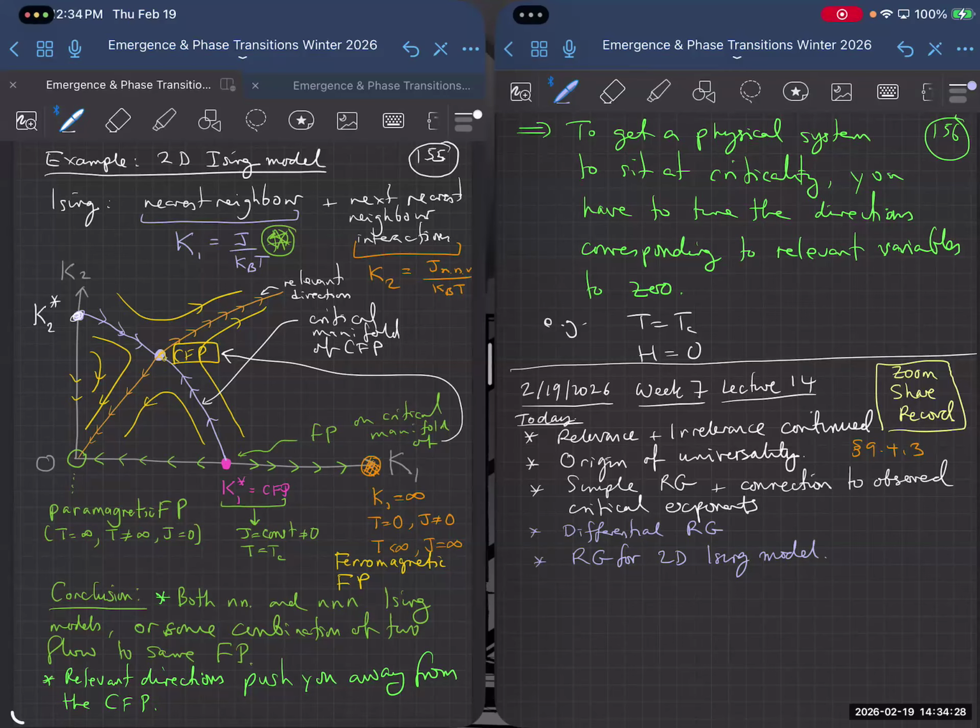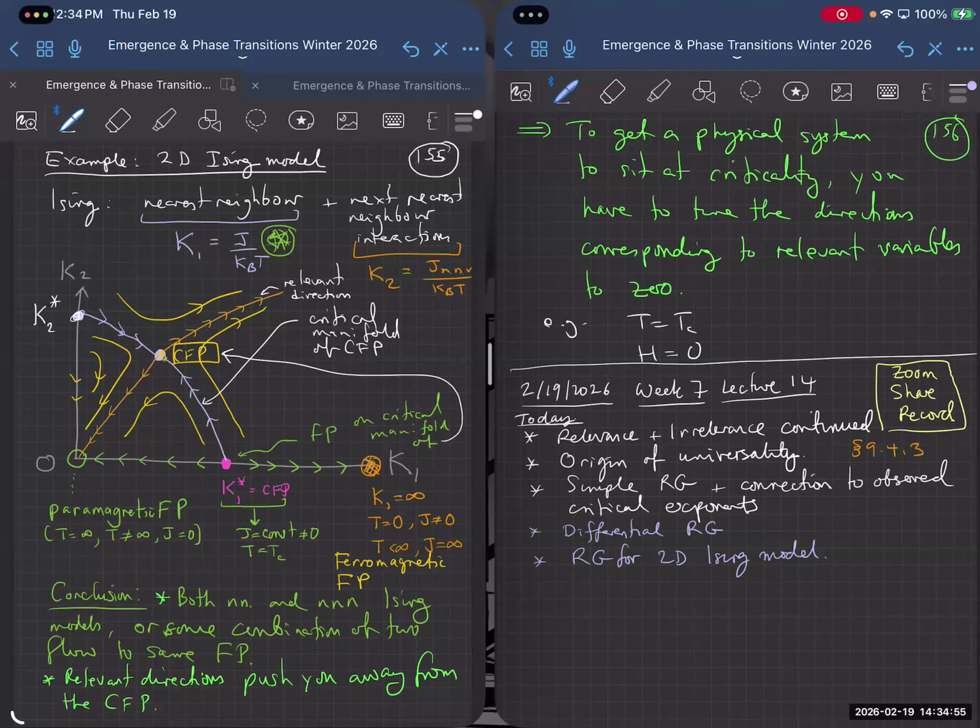We also saw that the fixed points at 0 and infinity tell you about the phases of the system. So on the lower axis, if we just ignored the next nearest neighbor coupling constants, then you see a flow which goes from the critical fixed point to the right and to the left. And the right fixed point is K1 equal to infinity, which corresponds to the coupling constant J being infinity.